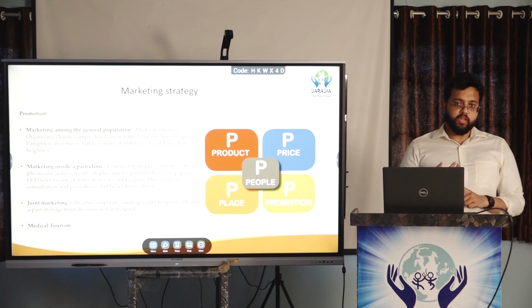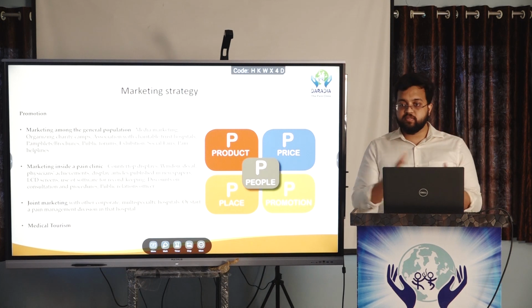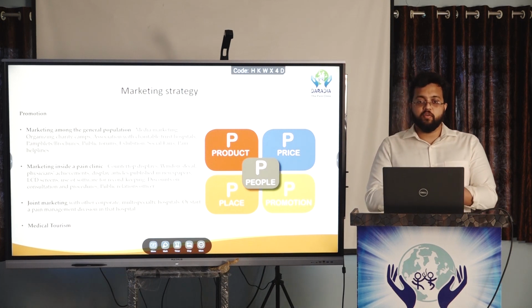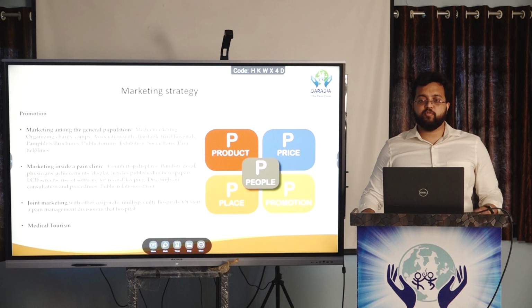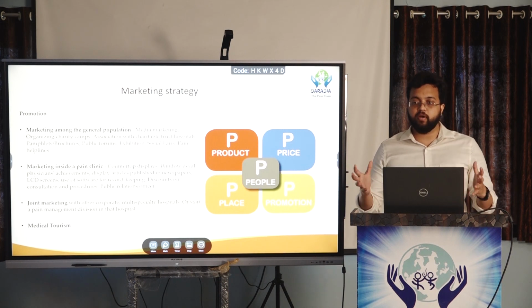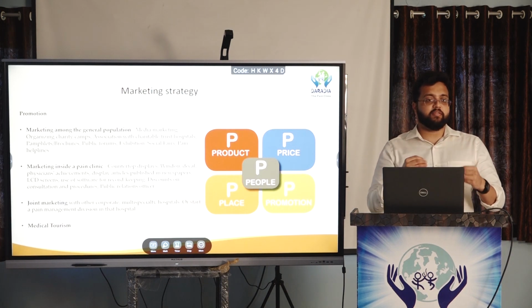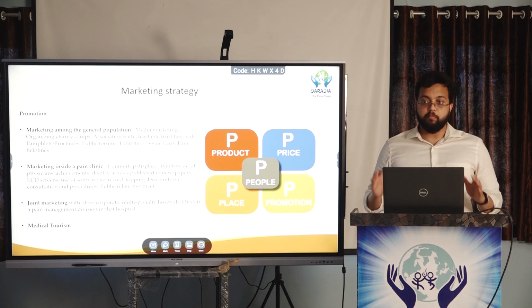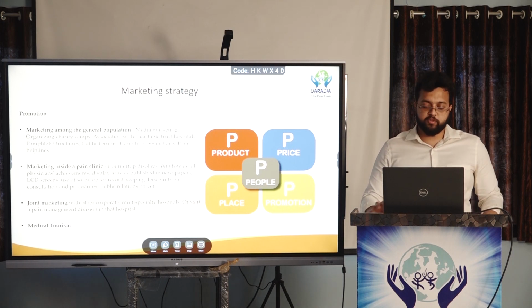So tie up with agencies and organizations that are able to leverage the strength of treatments in India, which are of high quality and low cost, and make it available for people in Southeast Asia, people coming from China, Europe, where treatment is fairly exorbitant, especially for something that requires a huge procedure. Medical tourism is the term coined for it, and I think it's a giant potential that India has in terms of quality and low expense.